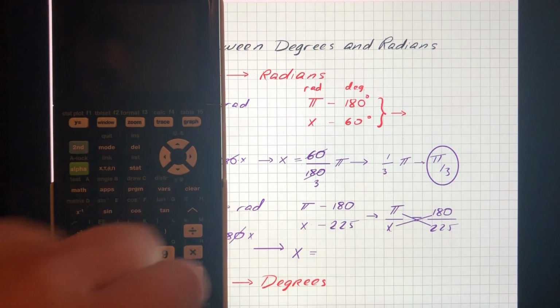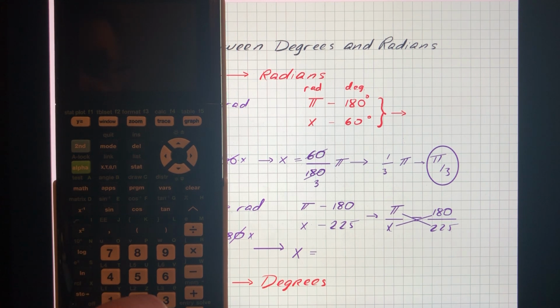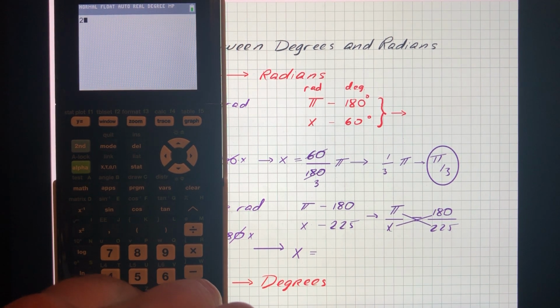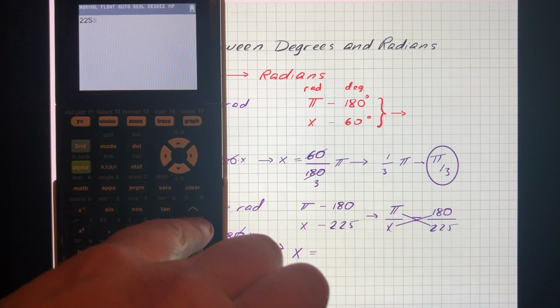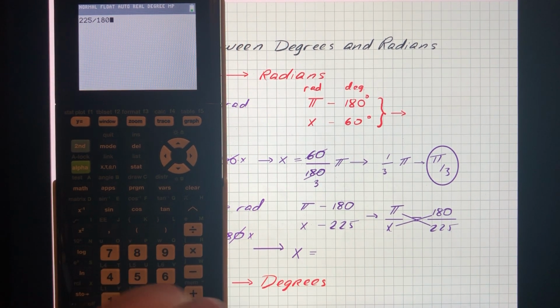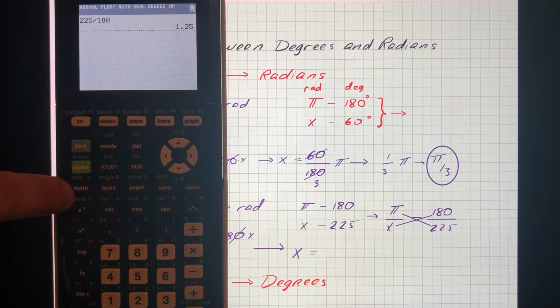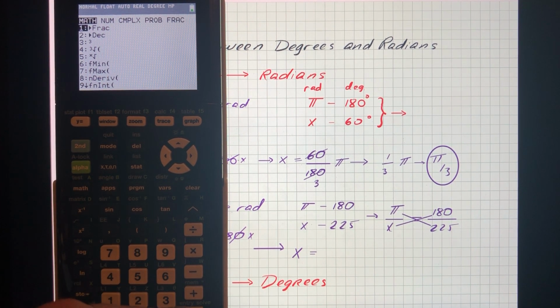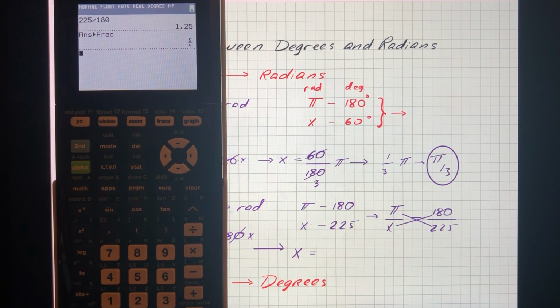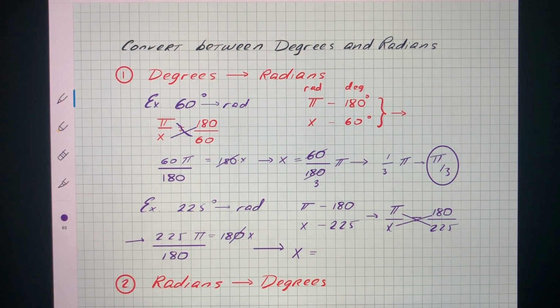Let's take the calculator and type in 225 divided by 180, which comes out to be 1.25. And then we go to the math menu and change that number into a fraction. So we have 5/4. All we need to do is replace this into our answer, 5/4, and then the pi is on the outside, and so here is the answer to the second question.